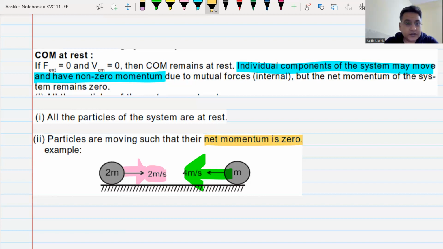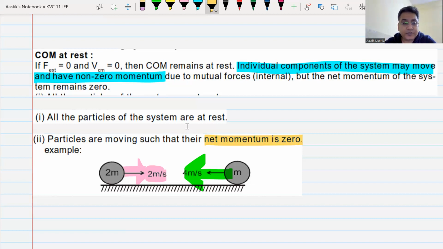Okay. I'll give you one more example and then I'll give you time to note them down. One more example which comes in this particular case is a bomb exploding.